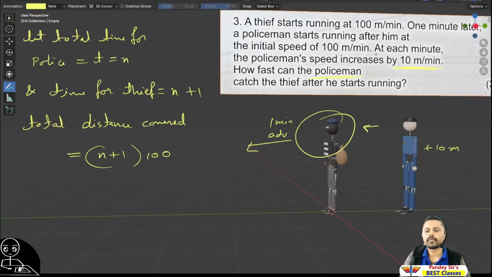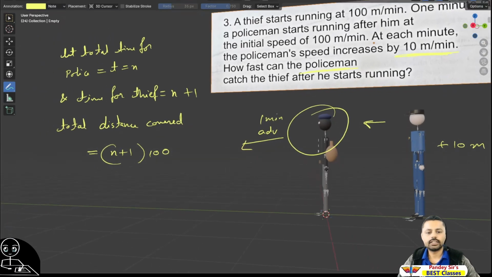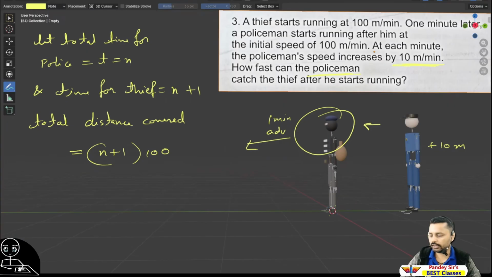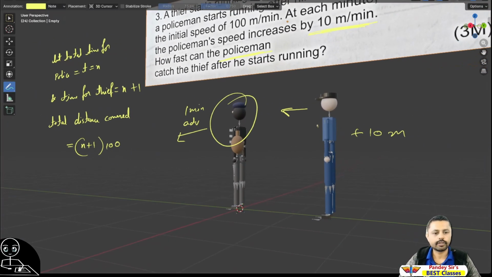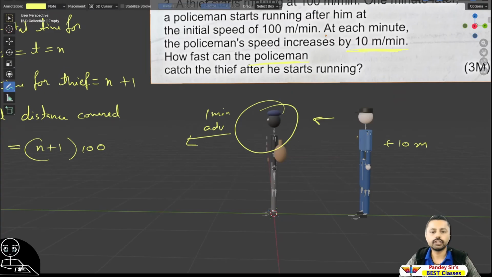I'll explain once again because sometimes it could be confusing. The thing is, this thief is running at 100 meters per minute and the police is also running at that speed, but the police is increasing the speed each time by 10 meters per minute. So that's the twist in this question. And they asked how long the police will take.